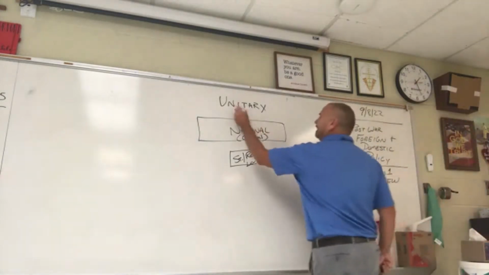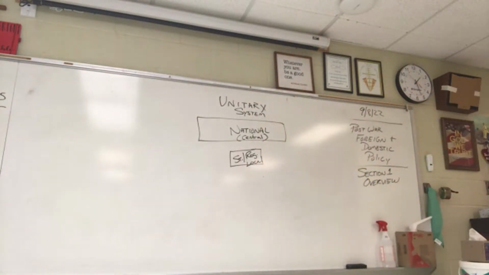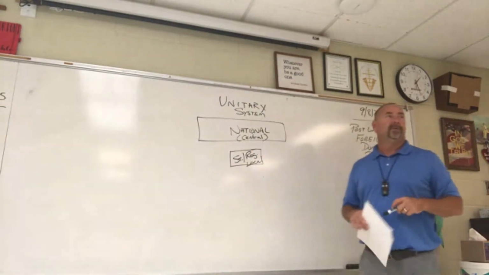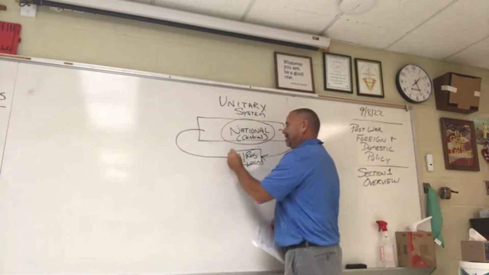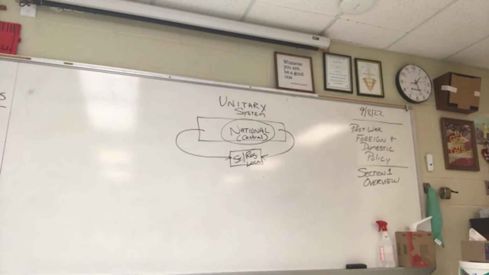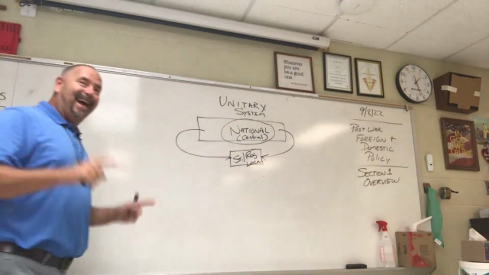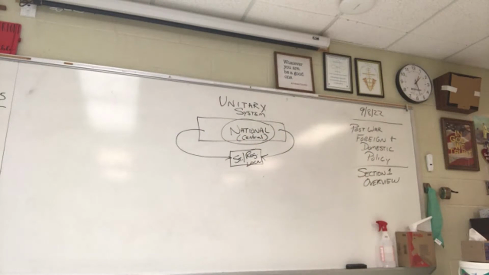A unitary system is this: centralized government controls all the power. Centralized government has all the power. They dictate to state and local governments, or regional and local governments. All power is in one location. Most countries in the world today use a unitary system. We do not, although you might think it.